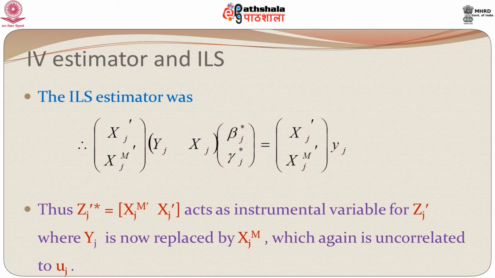So, we replace the Yj's by the corresponding excluded exogenous variables. So, the ILS estimator that we did in the last module can also be looked upon as an IV estimator, and since xj's are uncorrelated, so xjm's are also uncorrelated to the errors, this estimator is also going to be a consistent estimator. So, both the ILS and the 2SLS estimators are consistent.